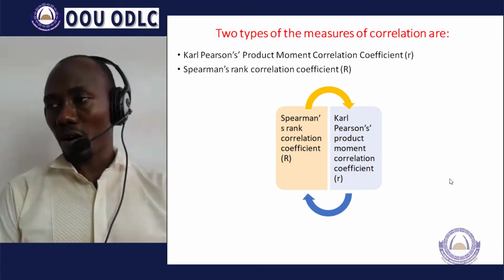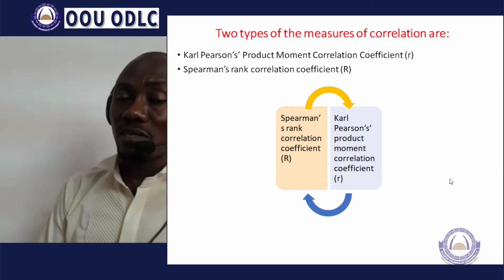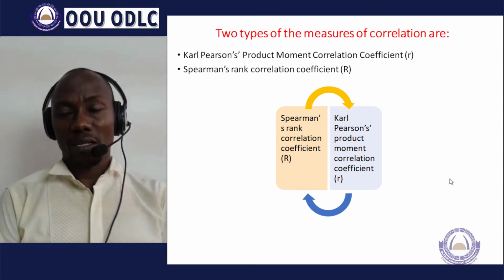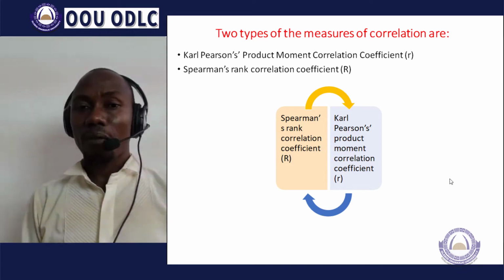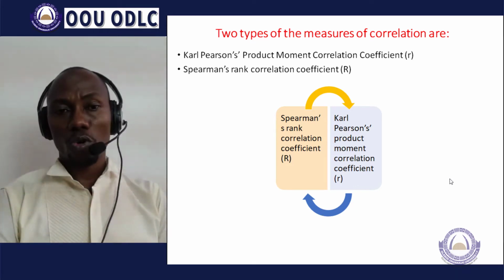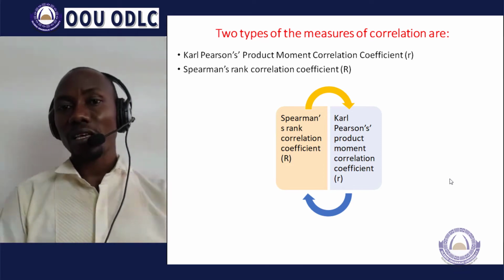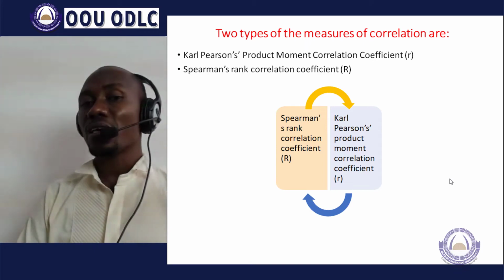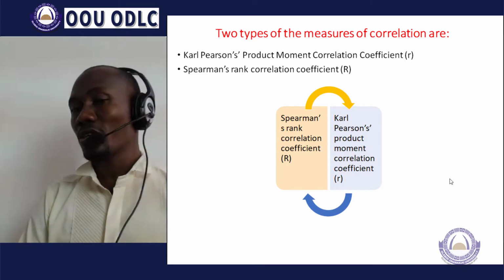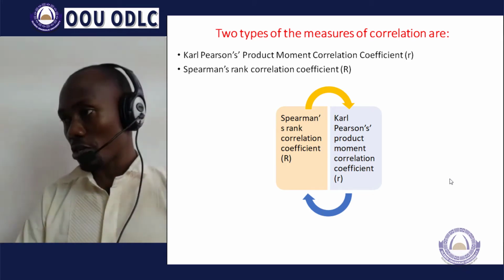There are two types of correlation coefficients that will be considered in this session. First, we shall be considering Pearson's product moment correlation coefficient. Second, we shall be considering Spearman's rank correlation coefficient. These are two formulas that we use to compute the correlation coefficient based on conditions.